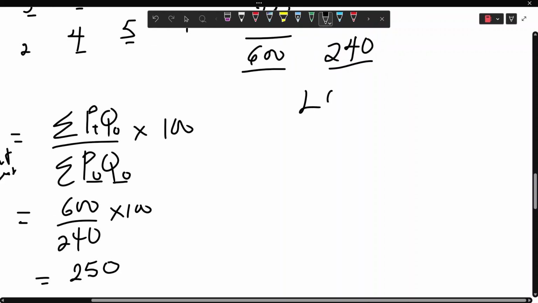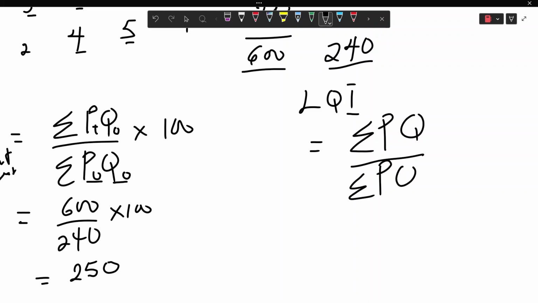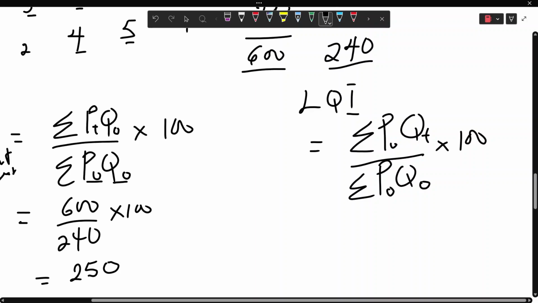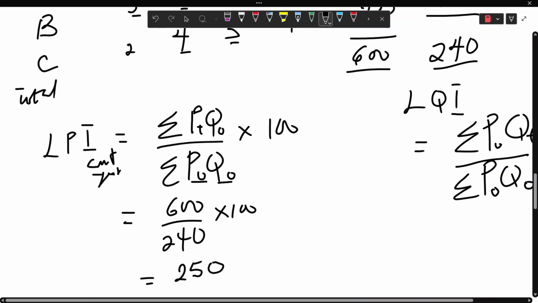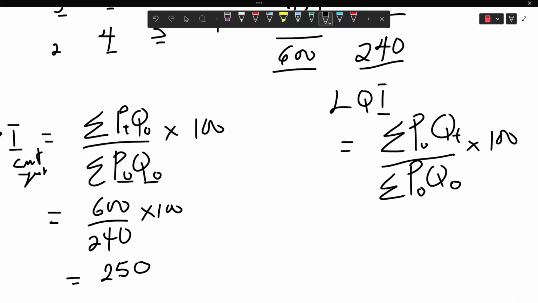Now let's find the Laspeyres quantity index. One trick you should note here: quantity is the main thing, so quantity is varying.